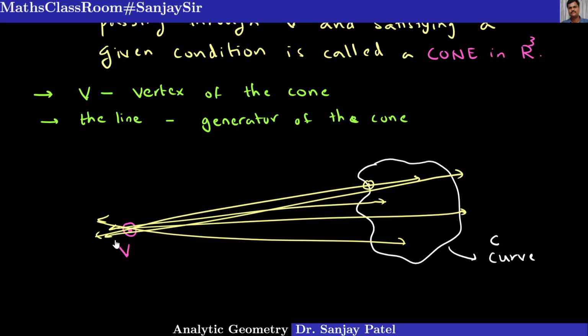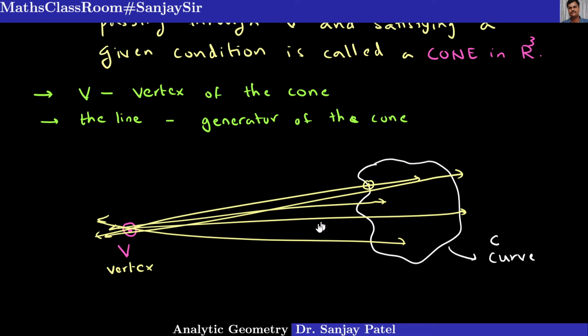As a result, some surface will be generated whose base is this irregular curve, and its fixed point is the vertex of the cone. So we are going to understand a cone in three dimension like this.